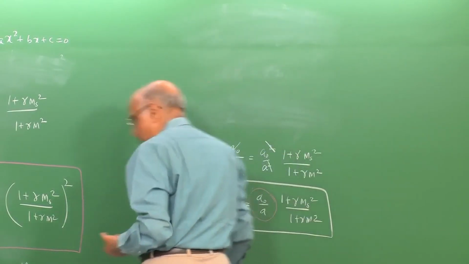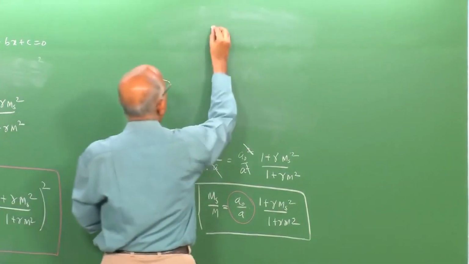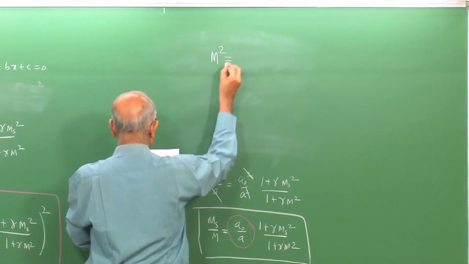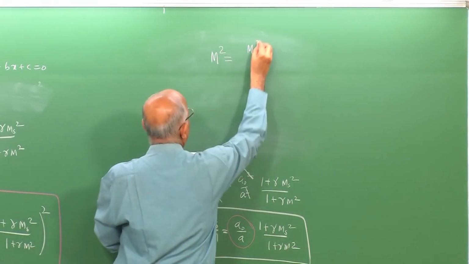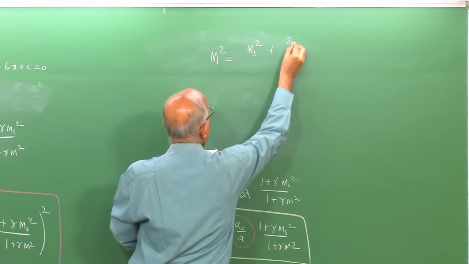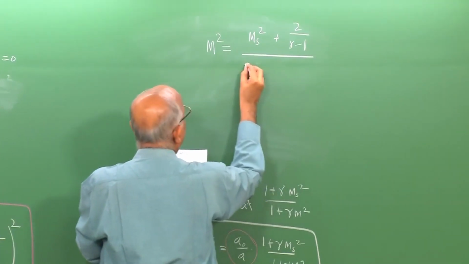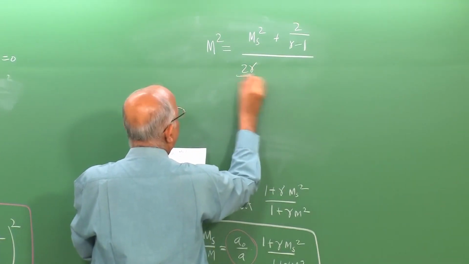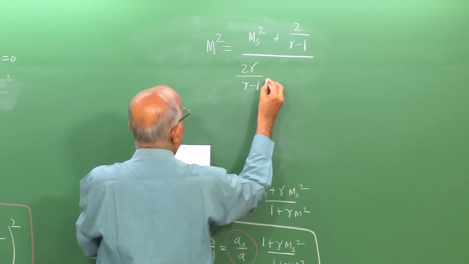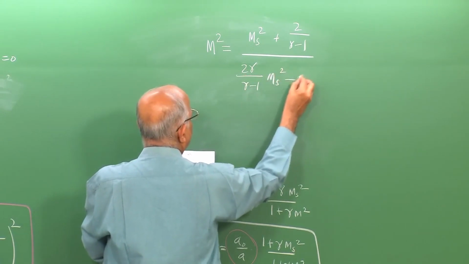The value I get is, let me write the expression: M squared is equal to (Ms squared plus 2 over gamma minus 1) divided by (2 gamma divided by gamma minus 1 into Ms squared minus 1).